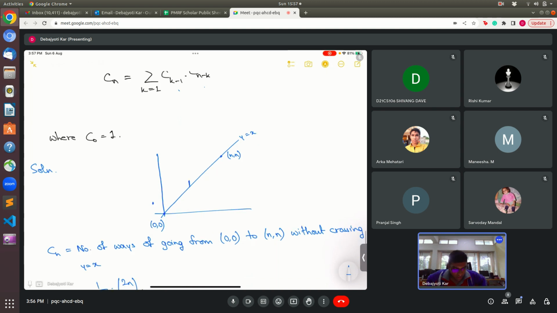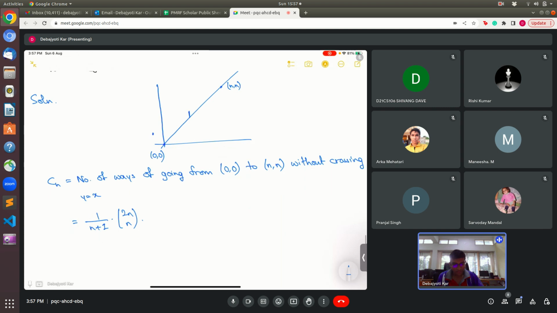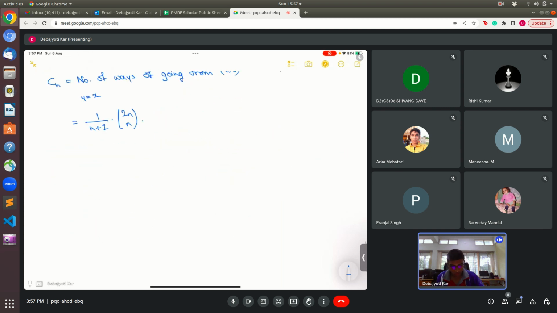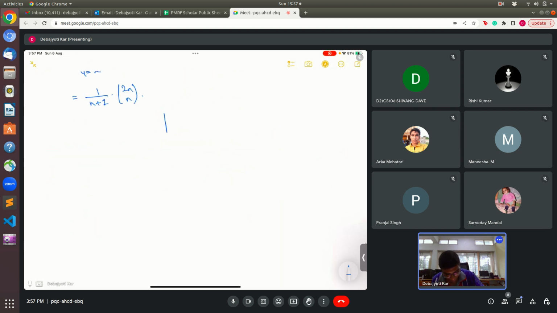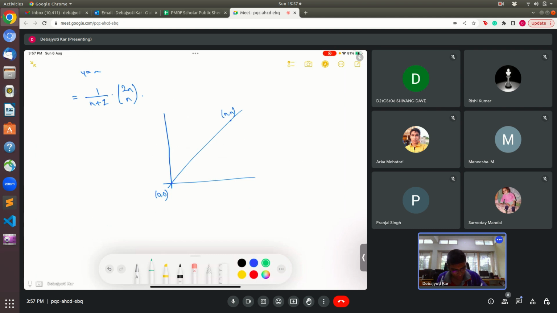In order to prove this, consider any such valid path from 0, 0 to n, n. What does a path look like? First you must go right, obviously, otherwise it's not a valid path.